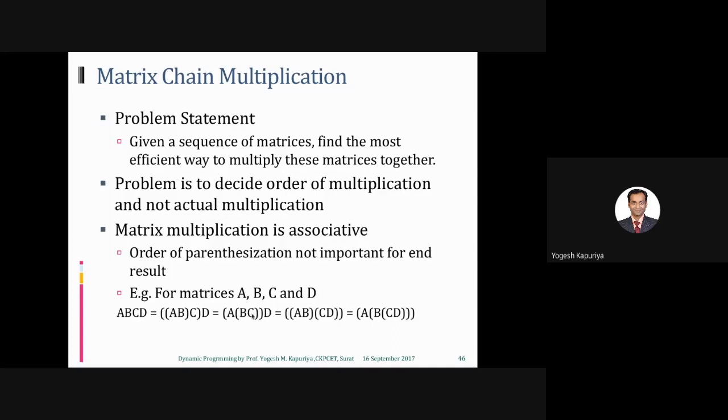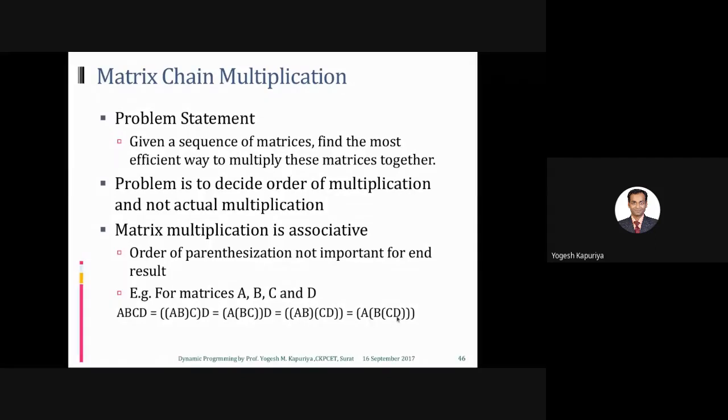Another way can be you first multiply B and C, then that result should be multiplied with A, and that result should be multiplied with D, second one. Then third is you first multiply AB, then you multiply CD, and then you multiply the results of both.